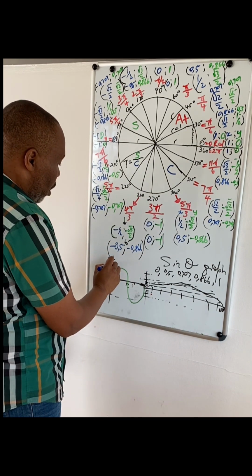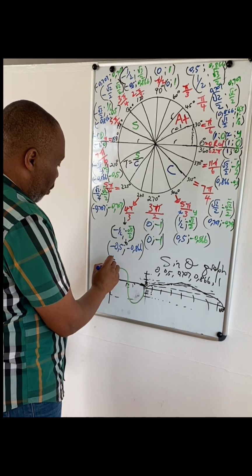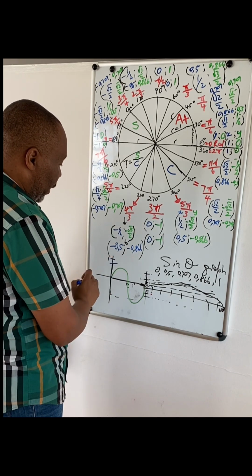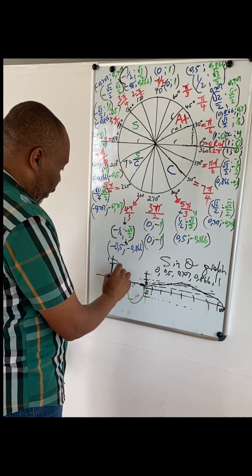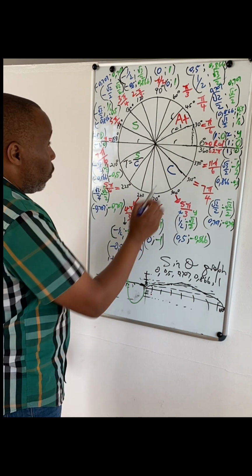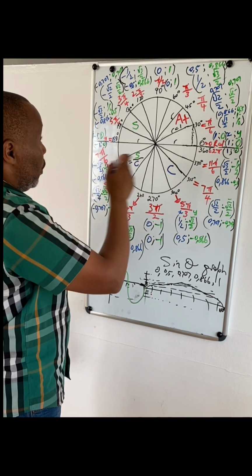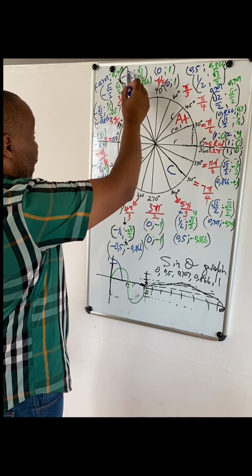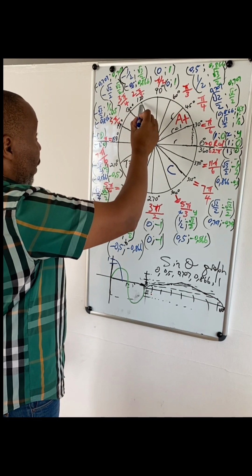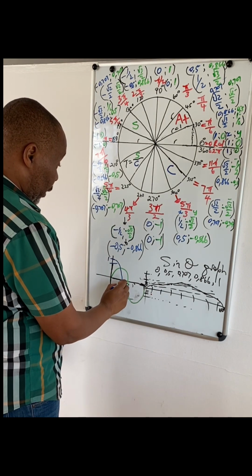We're coming down; 0.866 would be somewhere here. It comes down until it gets to minus half, which is 120 degrees.